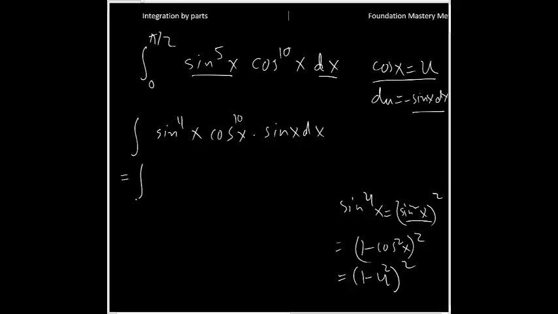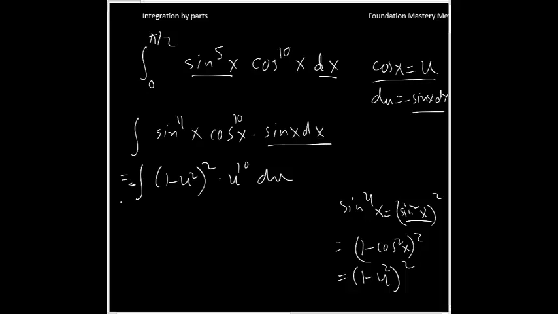This integral now becomes sine to the 4x giving me 1 minus u squared squared, cosine x is u, so the exponent 10 is u to the 10, and then sine x dx is negative du. Do you see that? You have transferred everything.